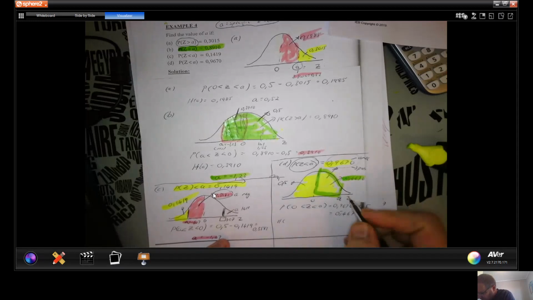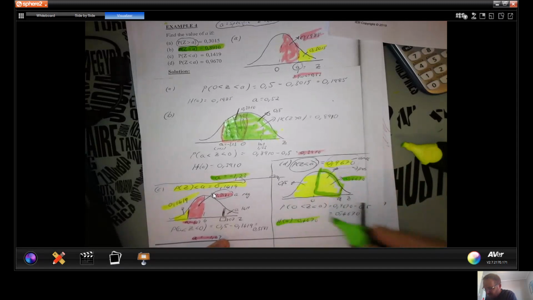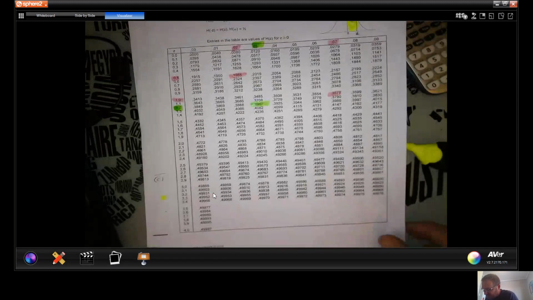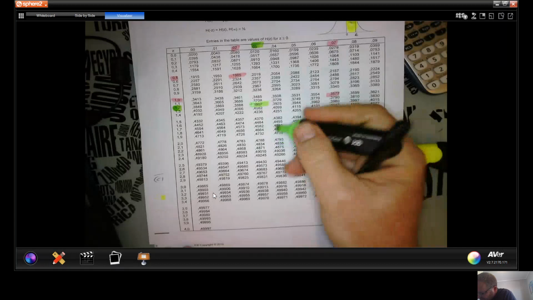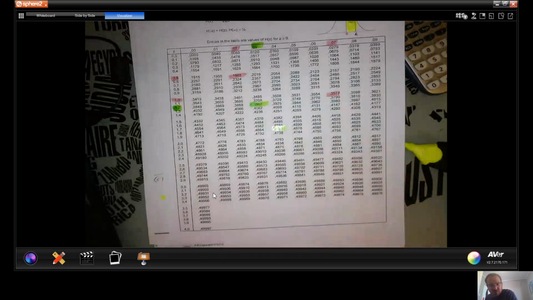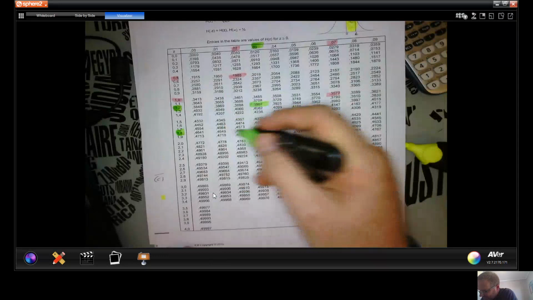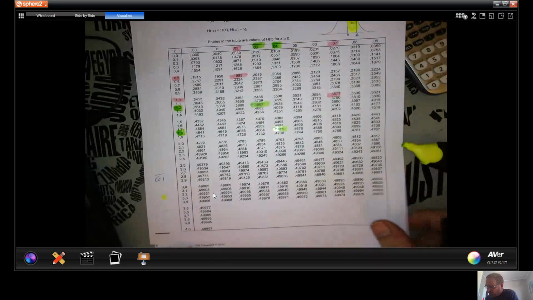So in other words, the area between 0 and A is equal to 0.4670. Now I'm going to go to my table and look up 0.4670. An area of 0.4670 is pretty darn close to 0.4671, so it's going to be 1.84.